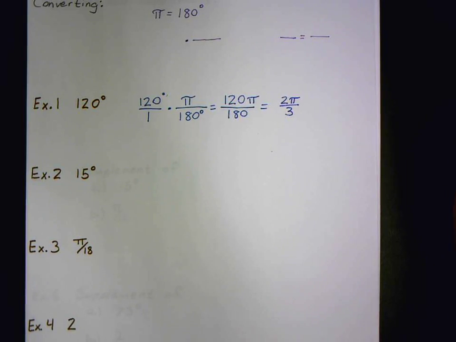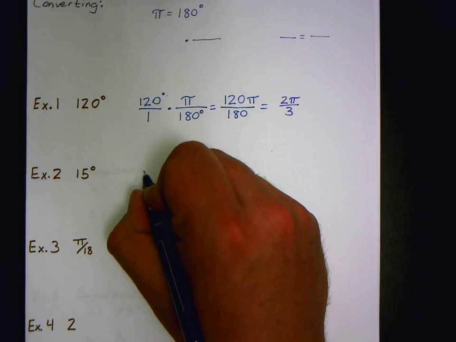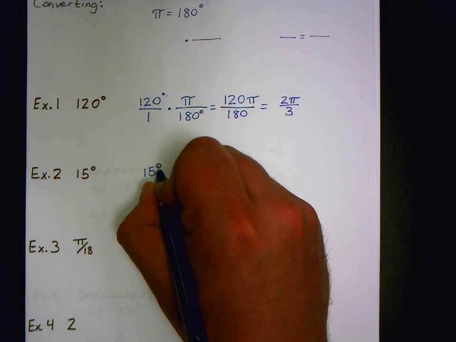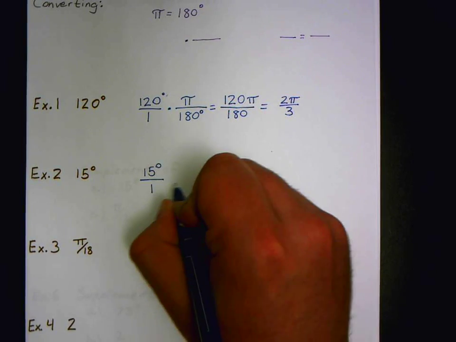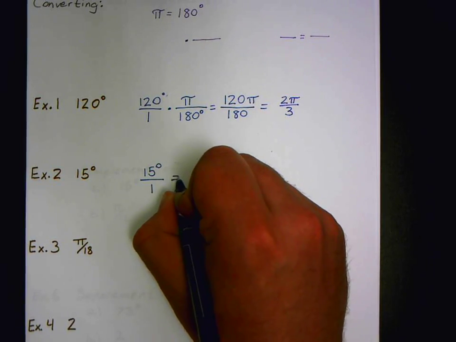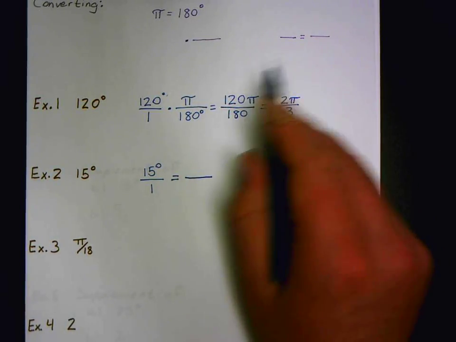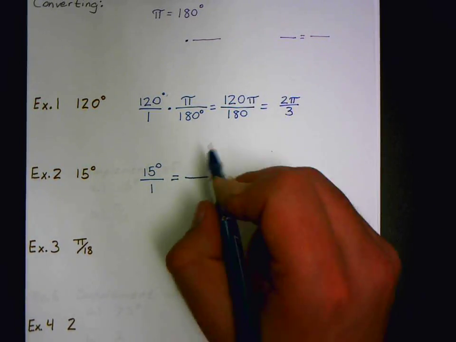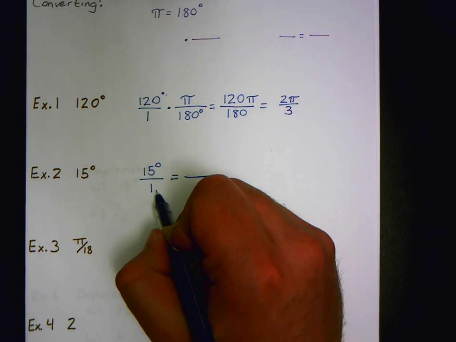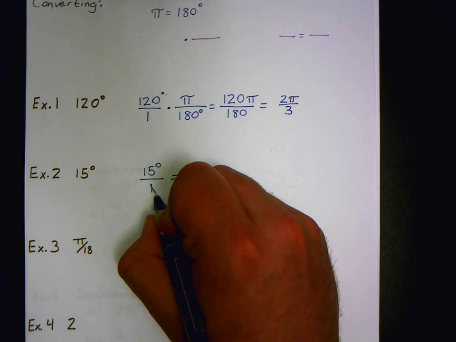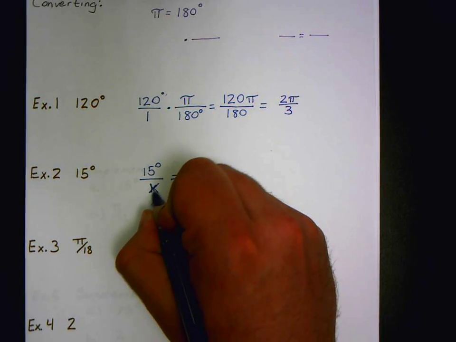Okay, the other way to do it is you can set up a proportion. Degrees are on top, radians are on the bottom. So this actually needs to be an X, sorry, because I'm looking for that.